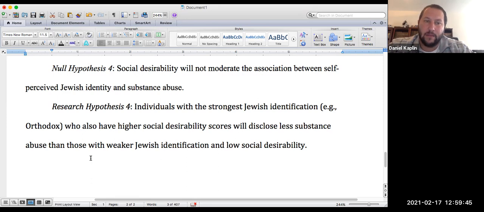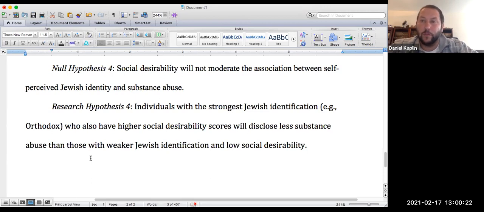And that's why in my research hypothesis, I had to say those with the strongest Jewish identification will have enhanced social desirability scores, and even accounting for that, they're going to have lower substance abuse scores. So I'm taking that relationship and saying, hey, this difference between identification and reported substance use is going to be enhanced due to social desirability to some degree.